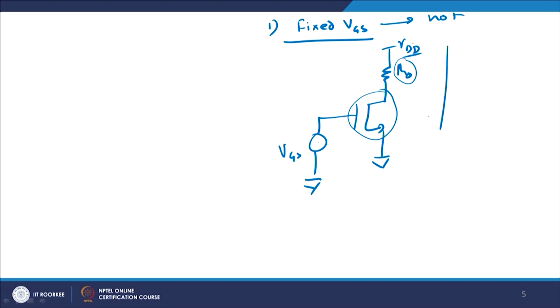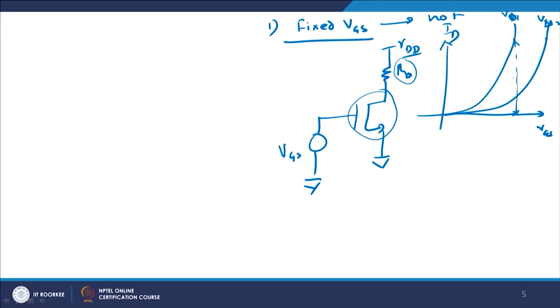So what might happen is something like this. You have one device, so if you plot ID versus VGS, then this will be this and maybe this. So this is for VGS1, let us suppose, and this is for VDS1 and VDS2. So even if your drain to source voltage varies, for the same values of VGS, two devices might be so different from each other that the current obtained will be very different.